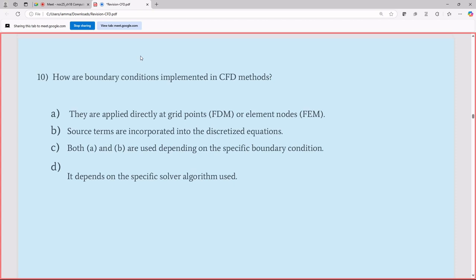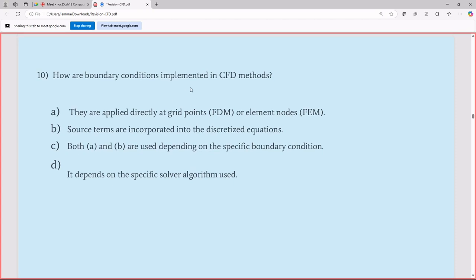Next question: how are boundary conditions implemented in CFD methods? Options are option A, they are applied directly at grid points in FDM or at element nodes in FEM.